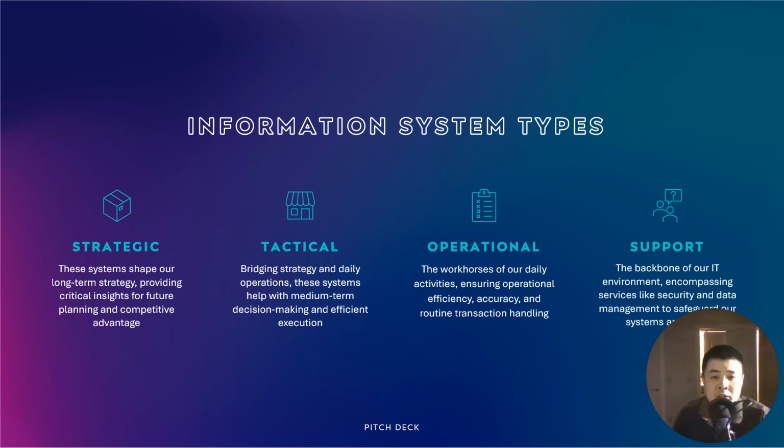Organizational information systems are the engine that drives our daily activities. They handle routine transactions and support the day-to-day functioning of the organization. The systems ensure operational efficiency and accuracy, which are paramount.